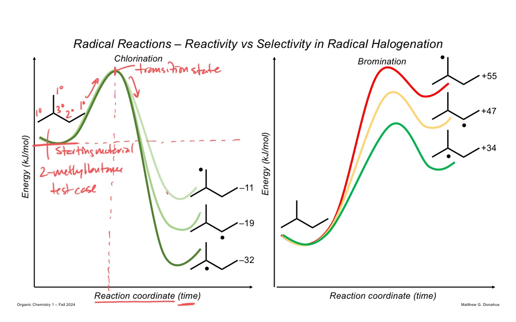And then it hits a well. And so notice there's our different radicals. So we have a primary, a secondary, and a tertiary. So those can exist in those 3 different wells.